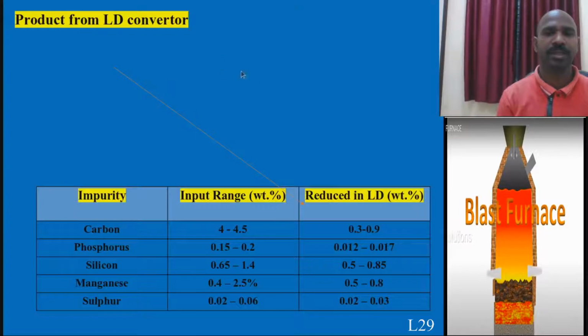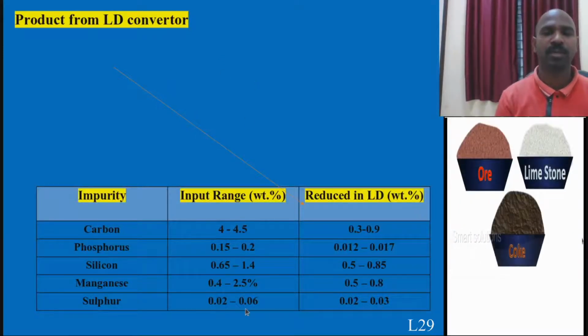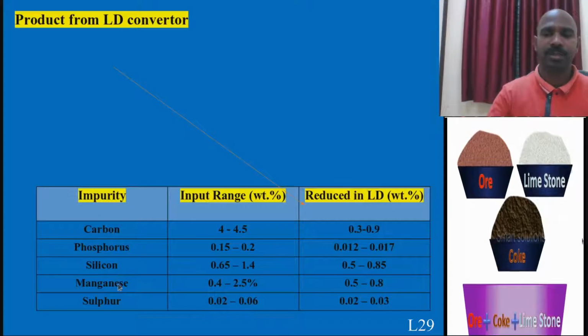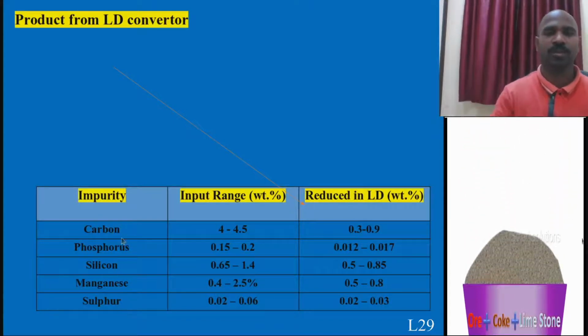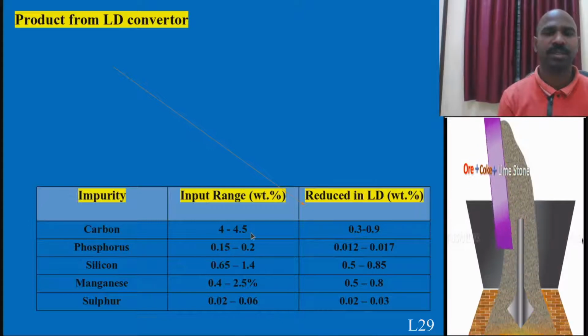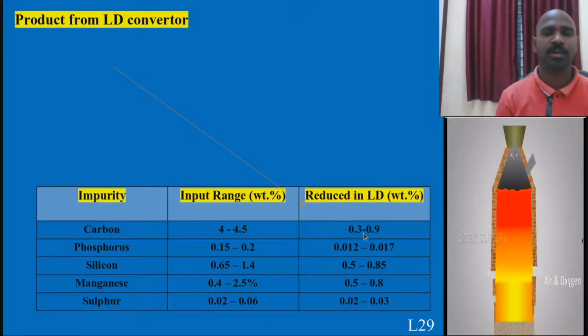These are the products: the input is pig iron, which is given to LD converter steelmaking. The output comes out with carbon, phosphorus, silicon, manganese and sulfur, the main five elements. The rest is iron. This much amount is removed. It was 4 to 4.5, and finally, after refining in the LD converter, it came down to the 0.3 to 0.9 range.